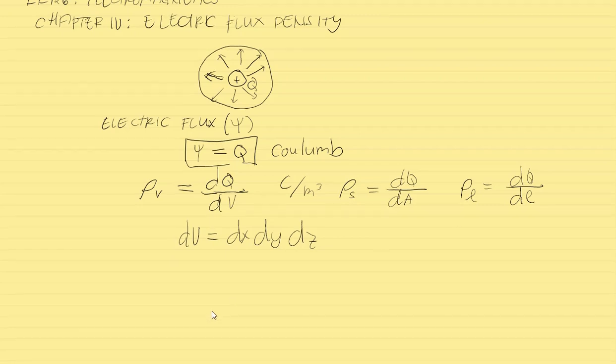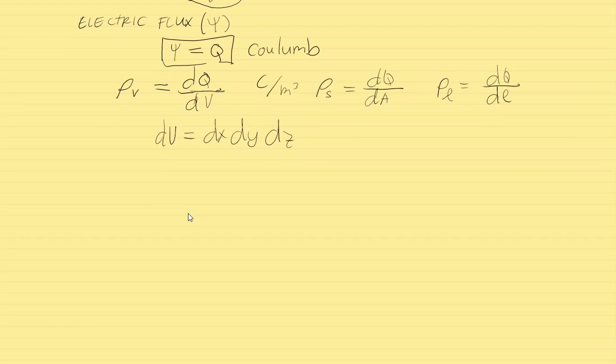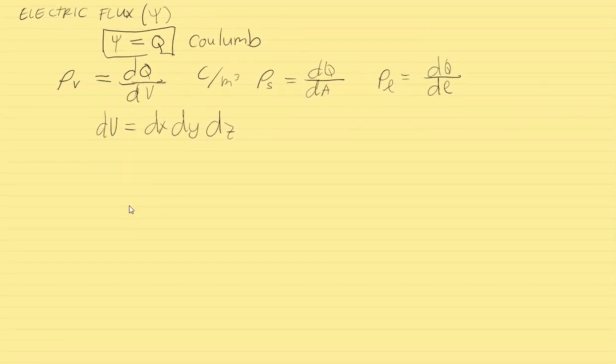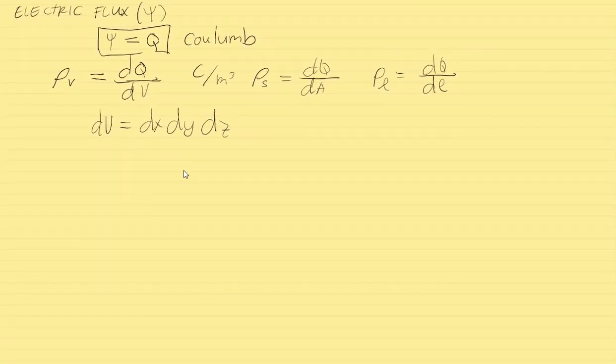So now we can solve for electric flux by using this concept. If the volume charge density is given, then to solve for the charge, dq will be equal to rho v times the differential volume dV.